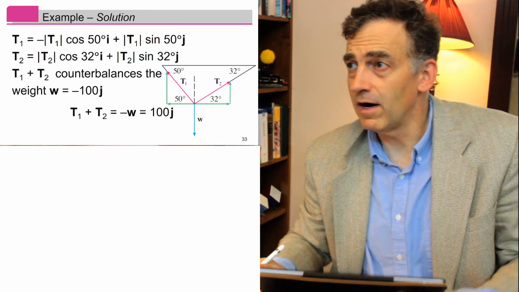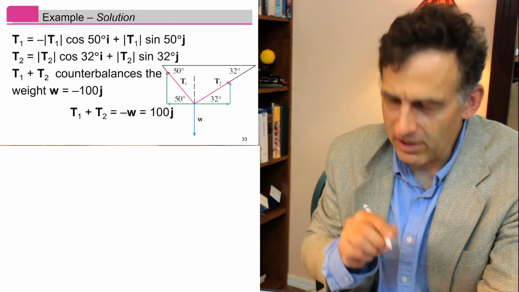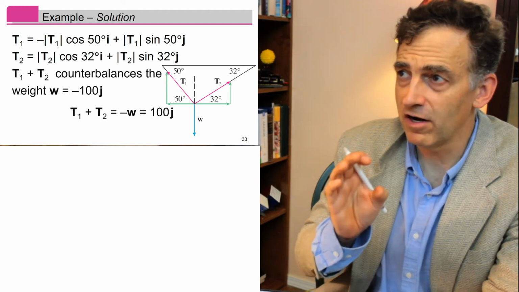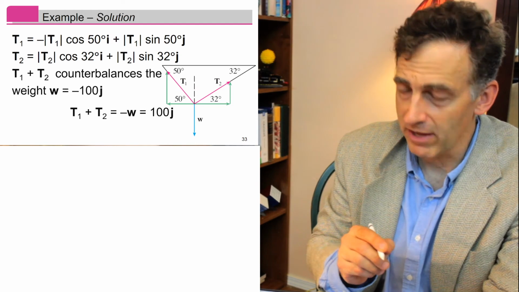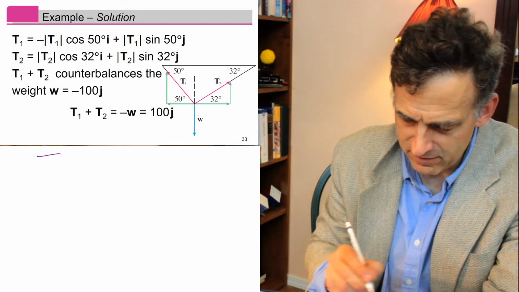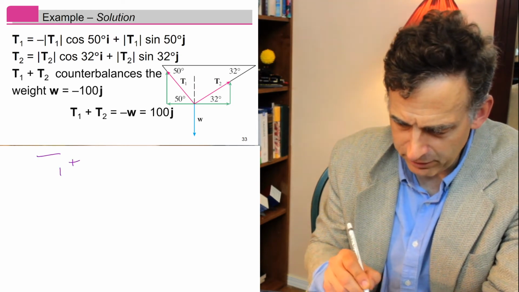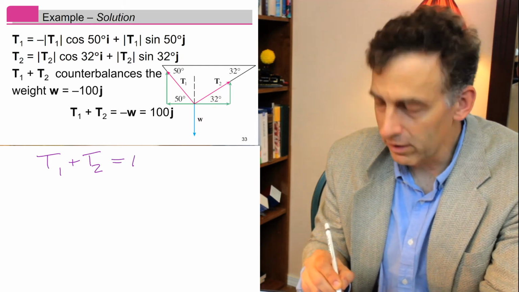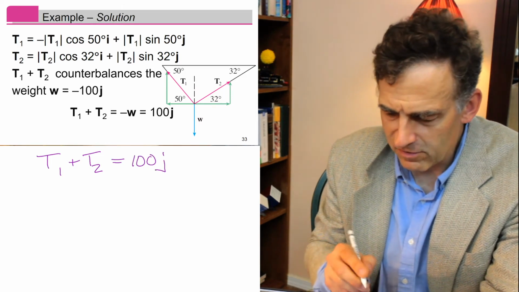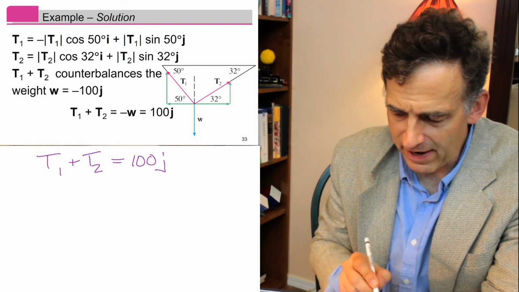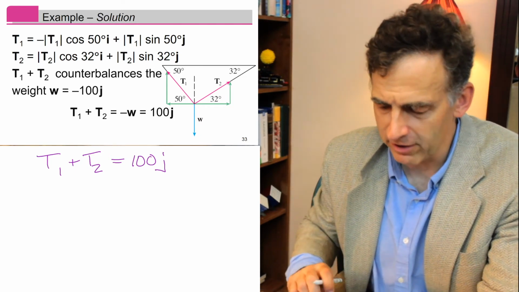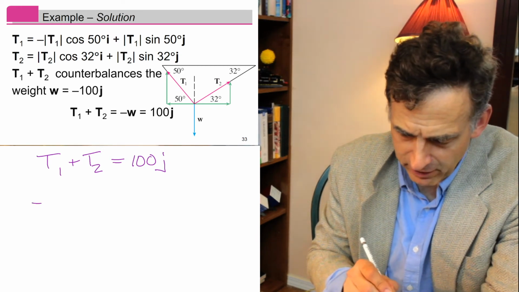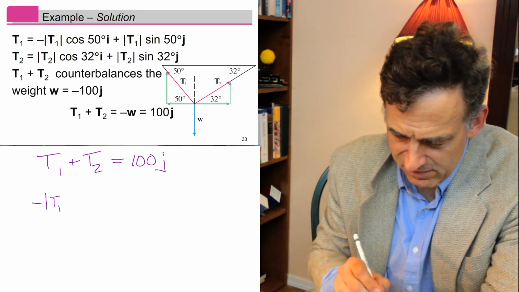So everything's balancing. We have that T1 plus T2 should equal 100j. So the i component on the left should equal the i component on the right.